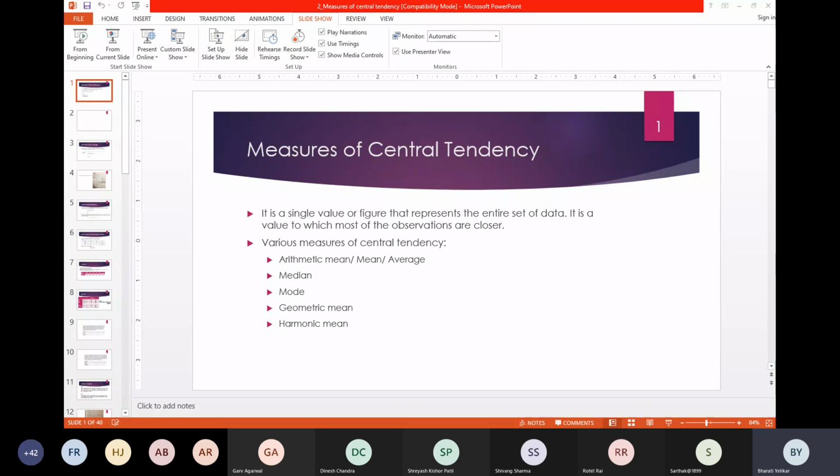So central tendency is a descriptive summary of a data set through a single value. जैसे कि हम बोल रहे हैं कि we are seeing that this is the average height. So that reflects the center of the data distribution.